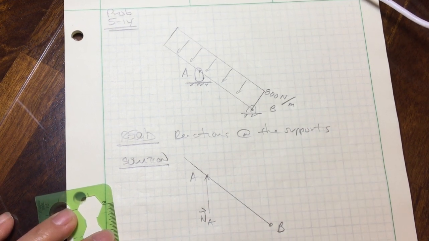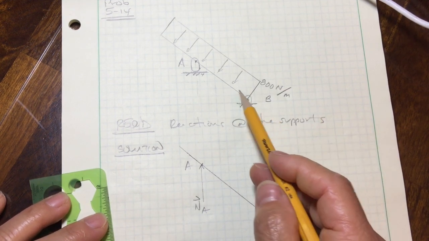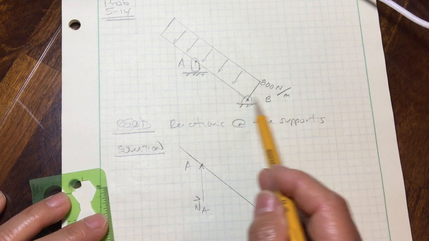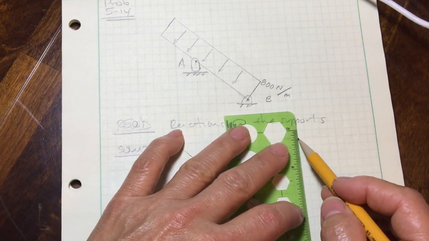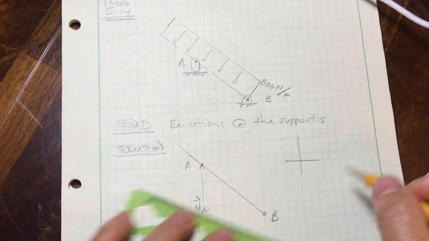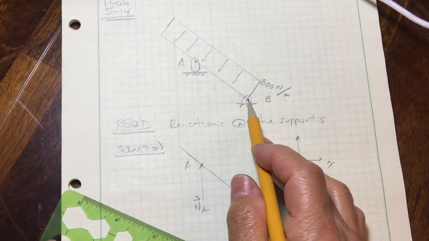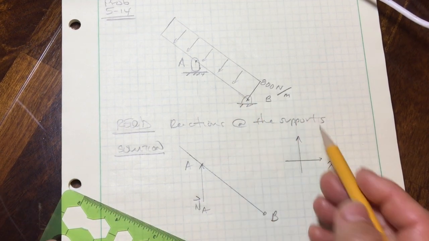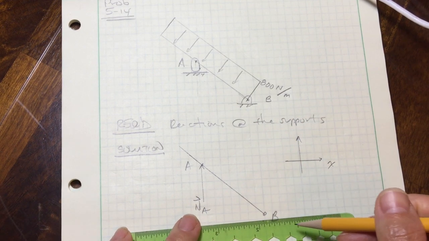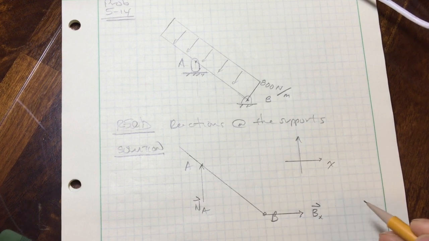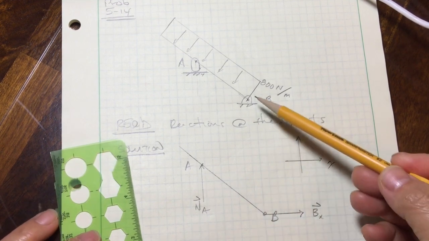At point B, this pin assembly prevents this structure from translating in the X direction, with a coordinate system as shown. Therefore, since it prevents translation in the X direction, it would have a reaction force in the X direction.